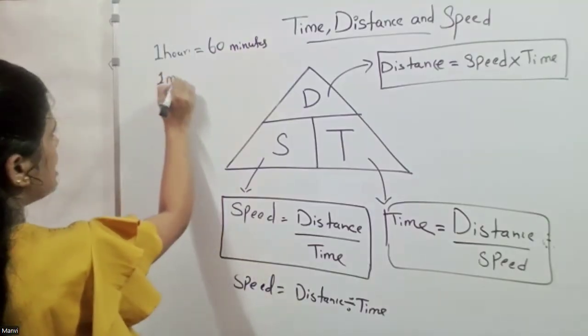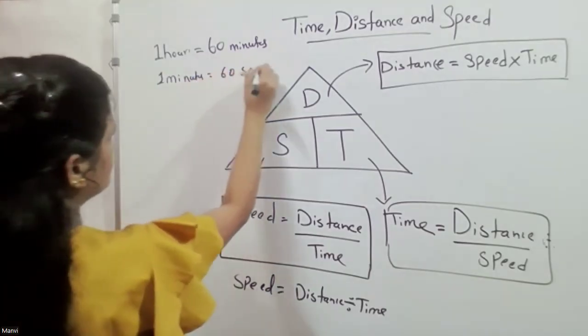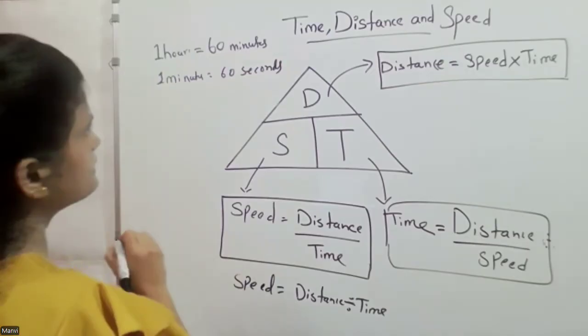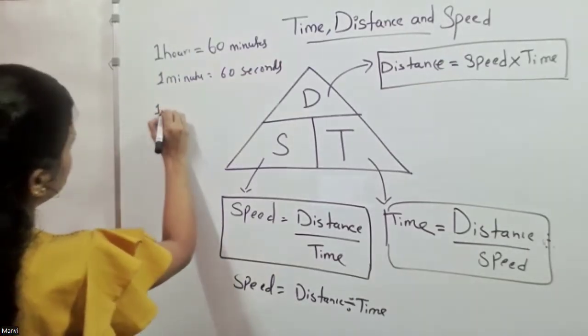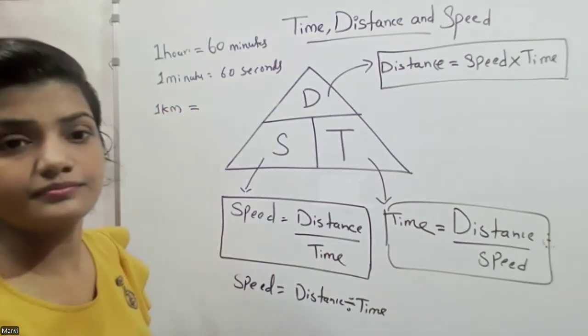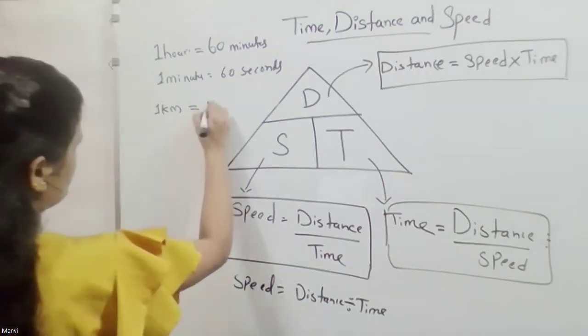And 1 minute equals how many seconds? 60 seconds. The next is 1 kilometer equals how many meters? 1,000. Good.